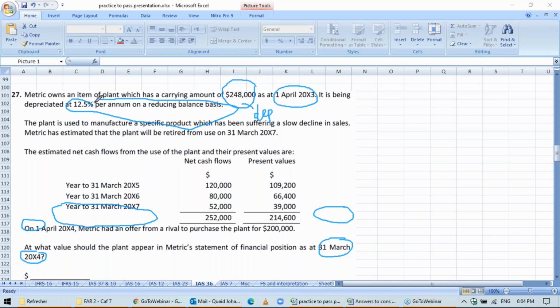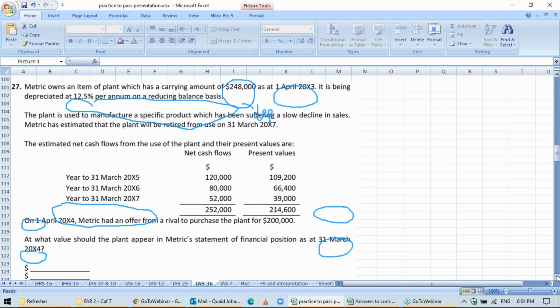So you'll arrive at the carrying value. And as I said, the carrying value of the plant should not exceed the asset's recoverable amount. Recoverable amount means the benefit which has to be received from the asset. We cannot show the asset at a value which is more than the benefit to be received from the asset. So we will compare the carrying value with the recoverable amount, right? So the first step of ours is to calculate the carrying value and then the recoverable amount for comparison.